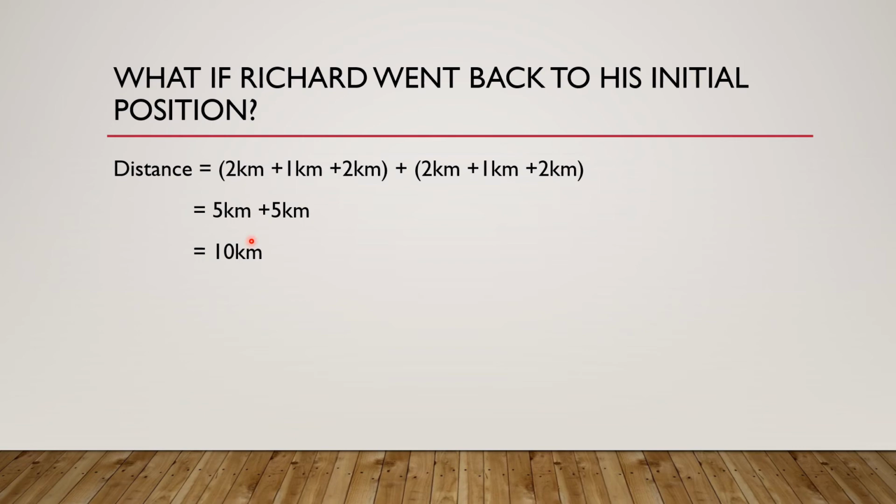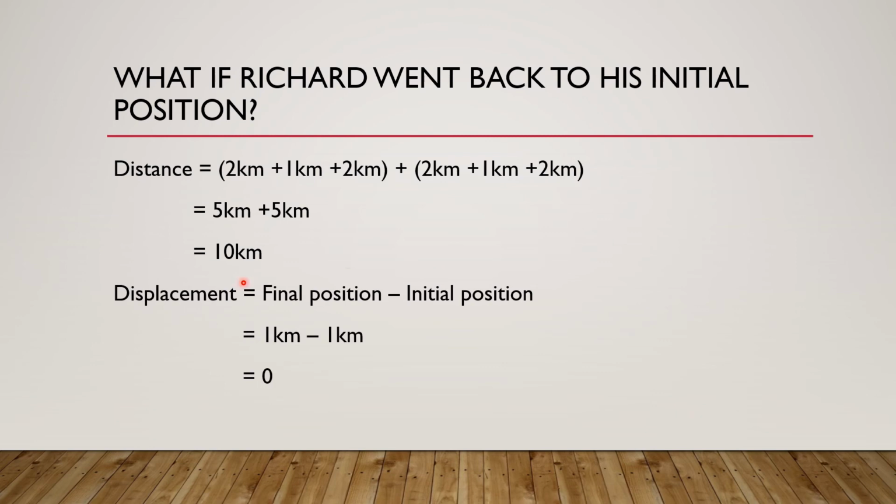Ibig sabihin, from 5 km kanina na tinakbo ni Richard from office niya up to doon sa bahay niya is 5 km. Dahil bumalik siya, na doble ang kanyang na-travel, naging 10 km. Paano kaya pag displacement? Madodoble din kaya? Tingnan natin.